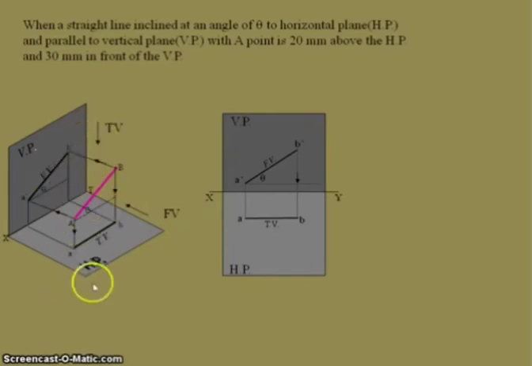When you rotate the horizontal plane through 90 degrees, that means making the vertical plane and horizontal plane 180 degrees, we get the final view like this. In front view we can see the straight line with an inclination to the horizontal plane. In top view we see the straight line without true length, that means with reduced length. Like this, from the construction lines we get the reduced length of the straight line AB.